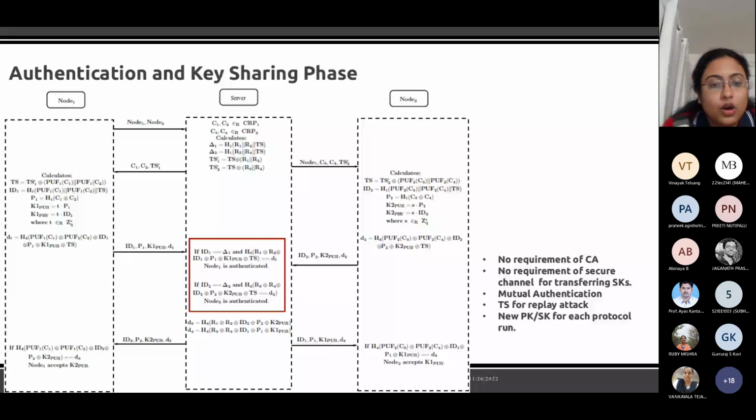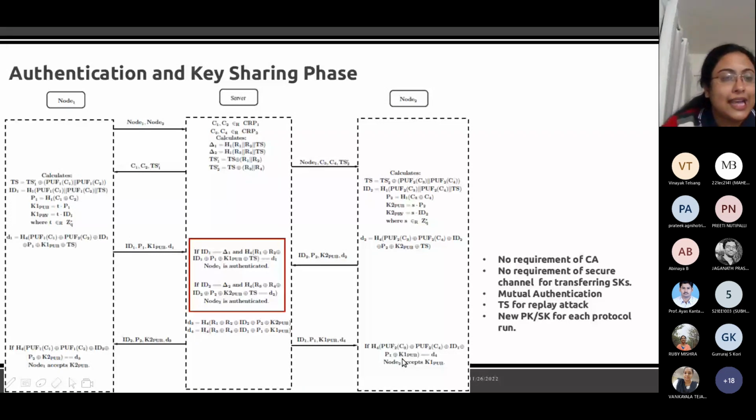Okay, so what we will do is that we will make the hash and keep this response as a key to the hash, and then just forward this. See, you can see this ID2 P2 K2 pub, along with just the new hashed value. Similarly, ID1 P1 K1 pub has been forwarded to node 2.